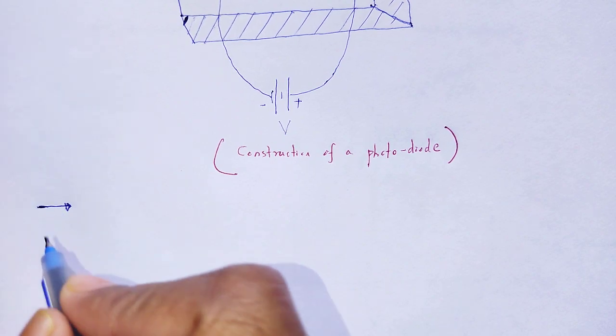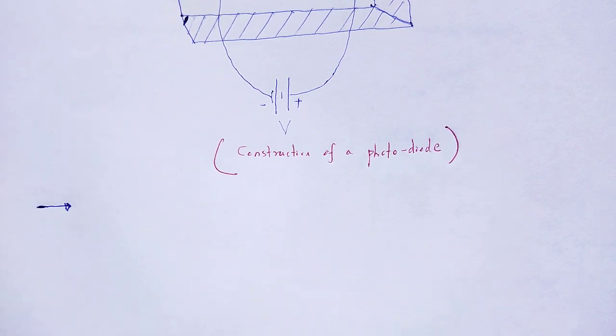When we are dealing with a photodiode in an electronic circuit, we use the symbol of a photodiode.